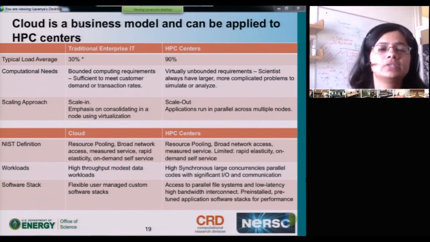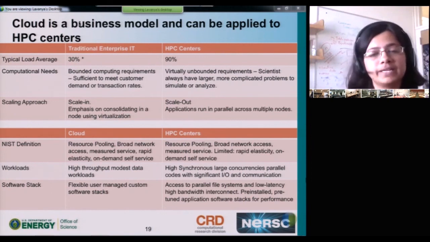And you see that the software stack is basically tuned to meet the needs of these specific workloads. Clouds have a more flexible, user-managed software stack, whereas HPC centers today have access to parallel file systems and a low latency, high bandwidth interconnect. They come with pre-tuned, pre-installed software stacks for performance. Performance is a big thing in HPC centers.